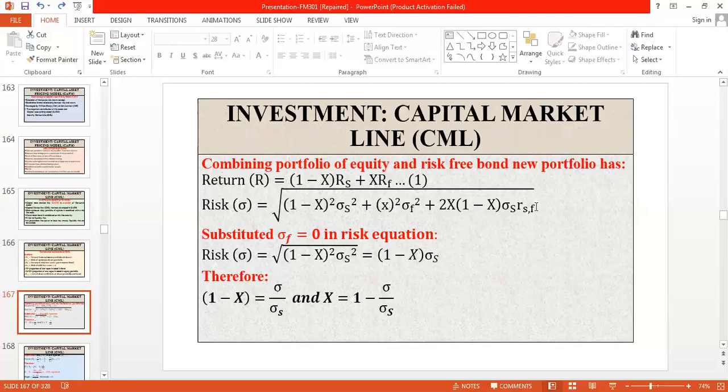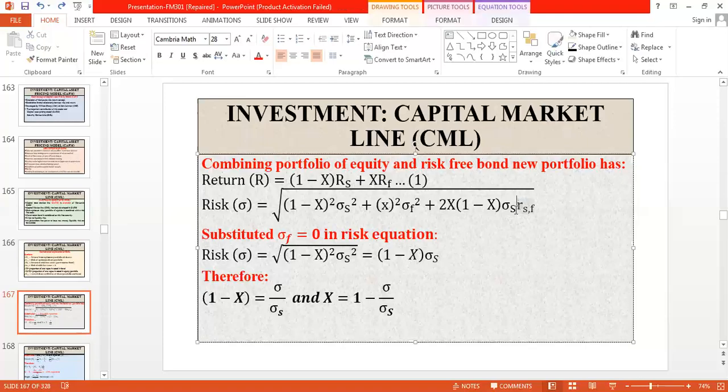And here, covariance is nothing but correlation multiplied by sigma S and sigma F. So if you modify this one, you can add sigma F into sigma S into RSF.